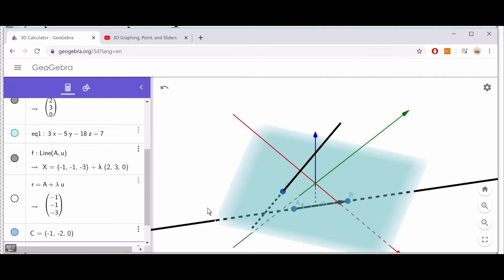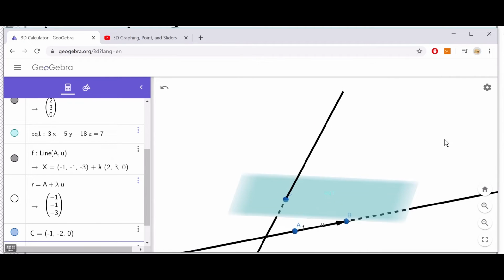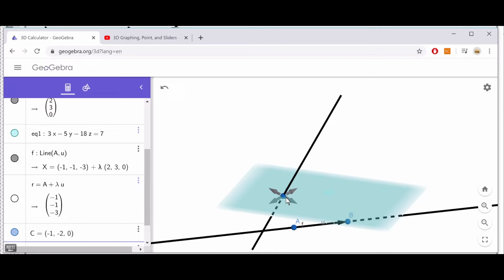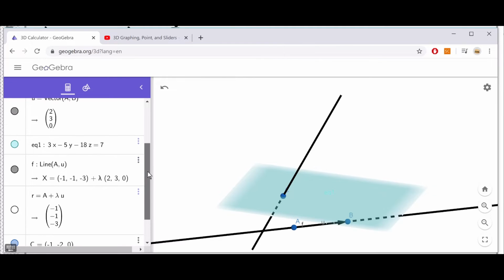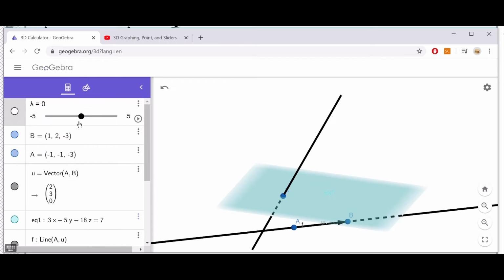And if I show you what's actually going on, we've got our plane shown here. If I get rid of the axis, we've got our point C over here, and we've got our line W over here and our vector AB. And if I vary lambda, the value of minus 3 over 13, that's 0.23, that's approximately 0.2.